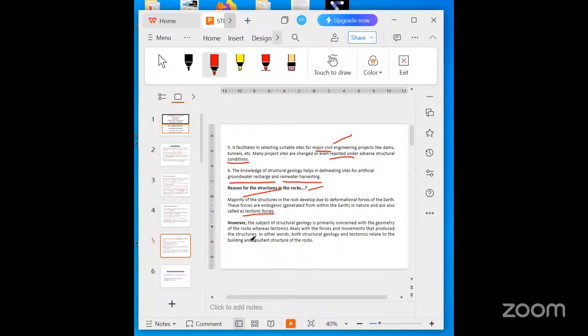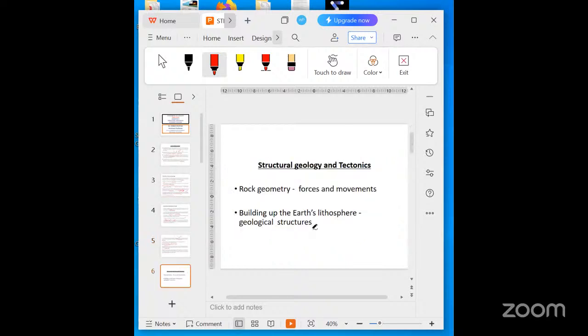Now we are going to the relation between structural geology and tectonics, right? Get acquainted with the relation between structural geology and tectonics. Structural geology is mainly concerned with rock geometry variance.